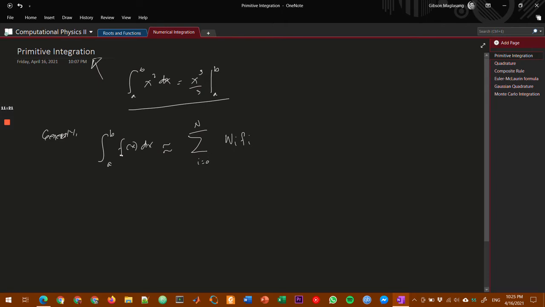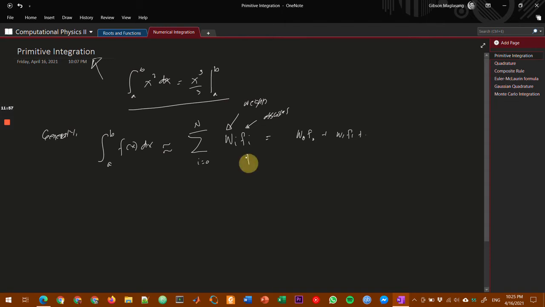So any function f of x can be approximated by this: a sum of weights, and these are your abscissas. If you expand it, you have w0 f0 plus w1 f1 and so on, depending on your n, your number of points.